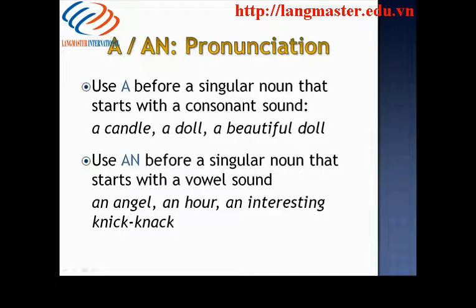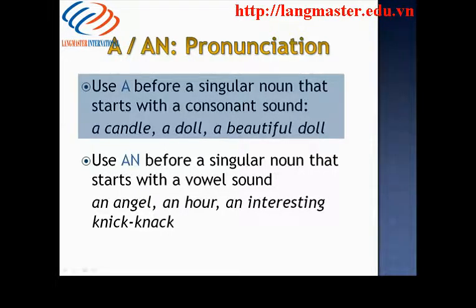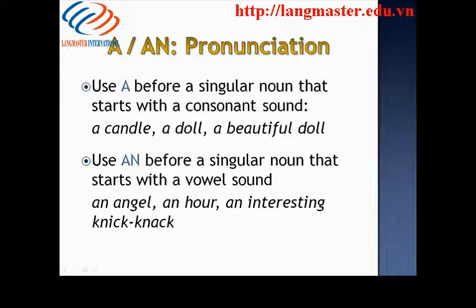You may wonder why we have a choice of two indefinite articles, a and an. It has to do with pronunciation. We use a before a singular noun that starts with a consonant sound, as in a candle, a doll. Candle begins with the consonant sound k, candle. Doll begins with the consonant sound d, doll.